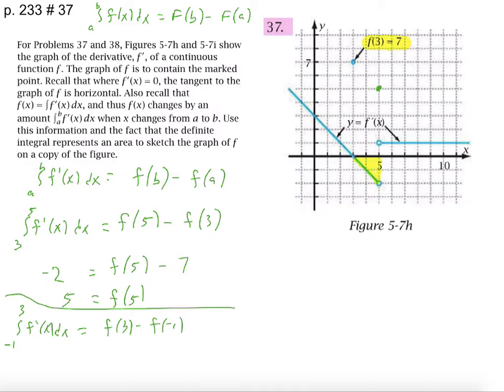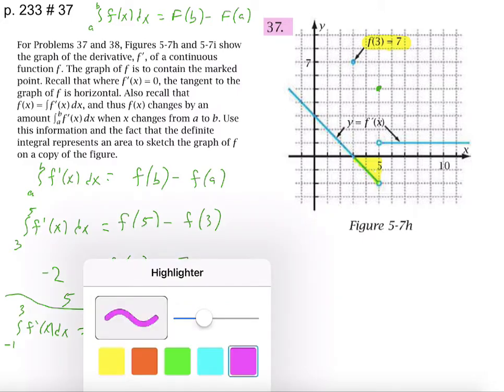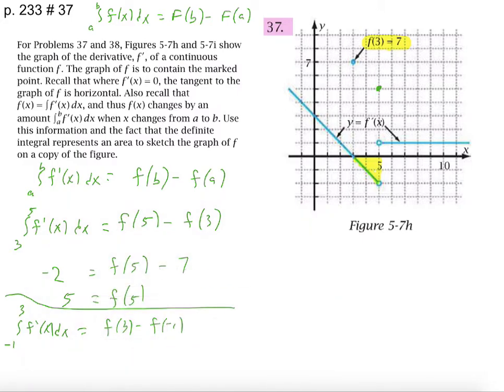And the definite integral from negative 1 to 3 of f prime of x dx would be the area here. The area of that triangle would be this definite integral.